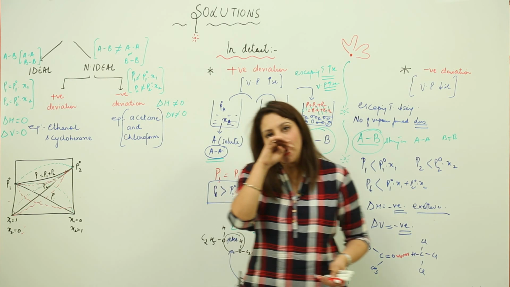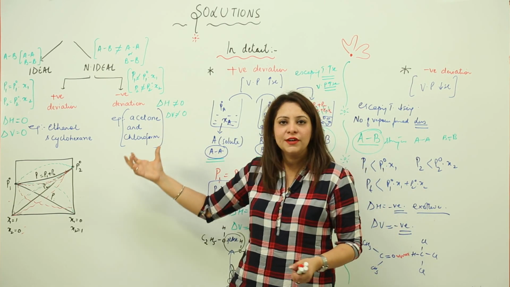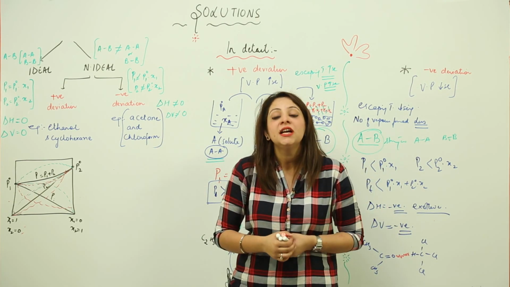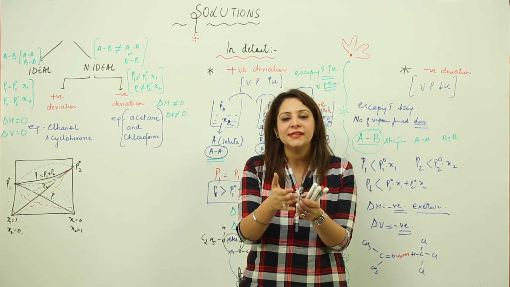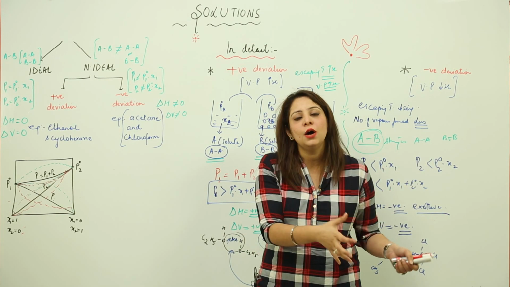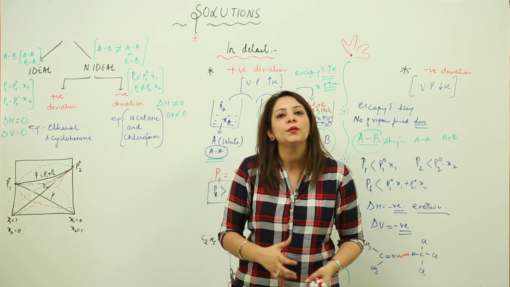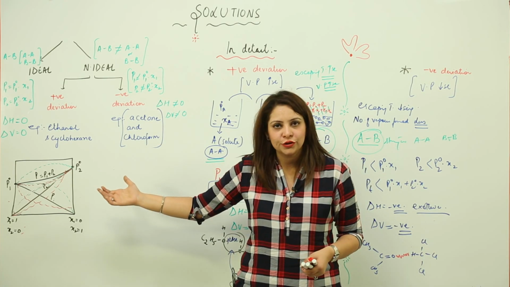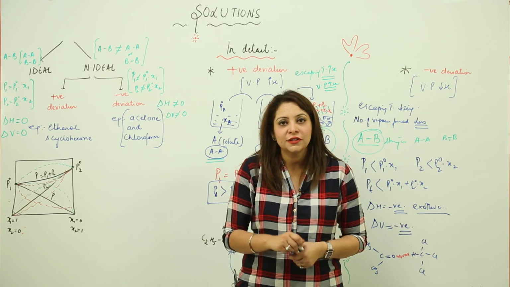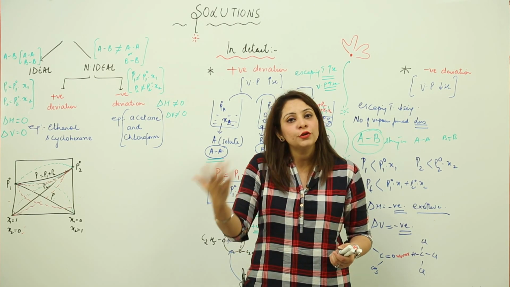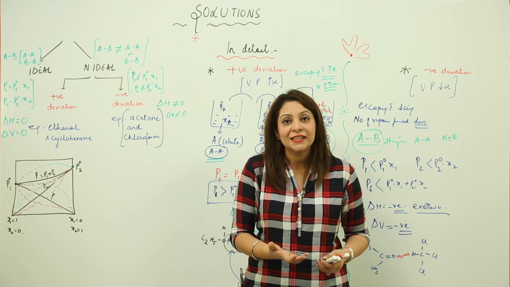So if somebody asks you about positive and negative deviation, I think you can easily explain. Just start with the point that the vapor pressure falls or increases when we compare with the ideal solutions. And the reason is that you have to focus on the interactions, because the reason behind the formation of vapor is the interactions.